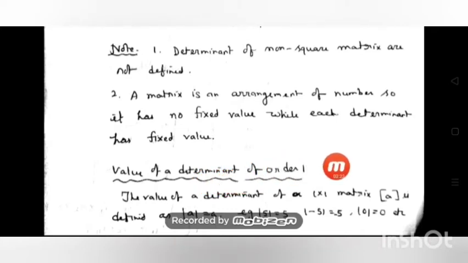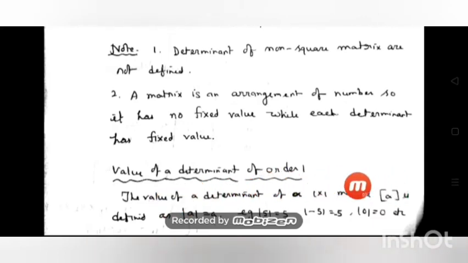That means how to get the value of a determinant of order 1. For that purpose we consider a matrix of order 1. The value of the determinant of a 1 by 1 matrix is defined as determinant of A, and it is the number itself. So if you have the matrix A within the bracket, that is a matrix of order 1 by 1.